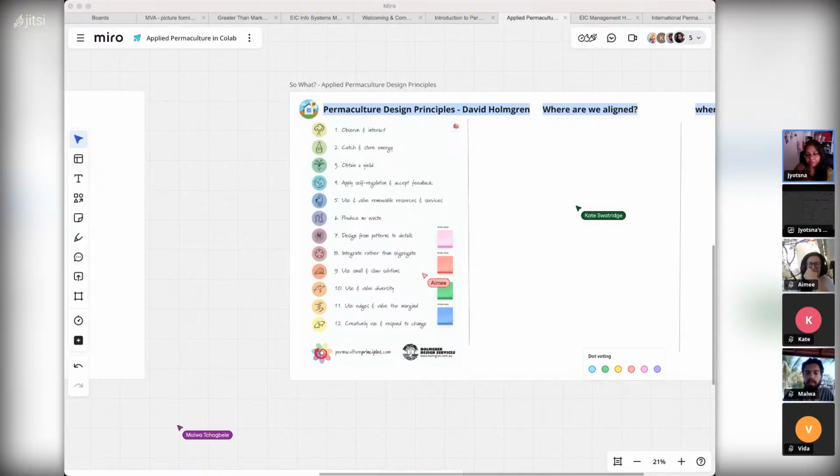A couple of questions to think about: which principles feel deeply embedded in how we work, which are less visible? That's a different reframe of where are we aligned. Which principles feel deeply embedded in how we work, and which are less visible to us? Like for me, use of small and slow solutions. For a second, I couldn't think much about them.